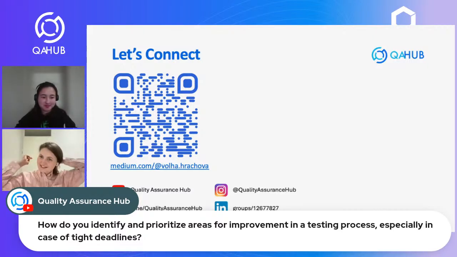Let it be the second case. Let's start probably from the second case. I think that your first priority is to make sure that you find the most critical bugs and don't let them slip to production.